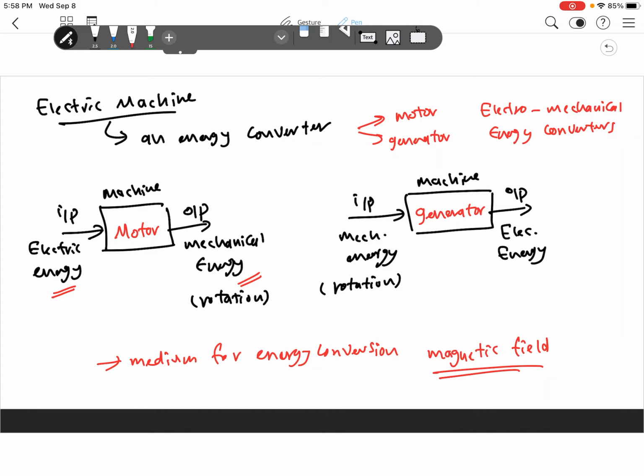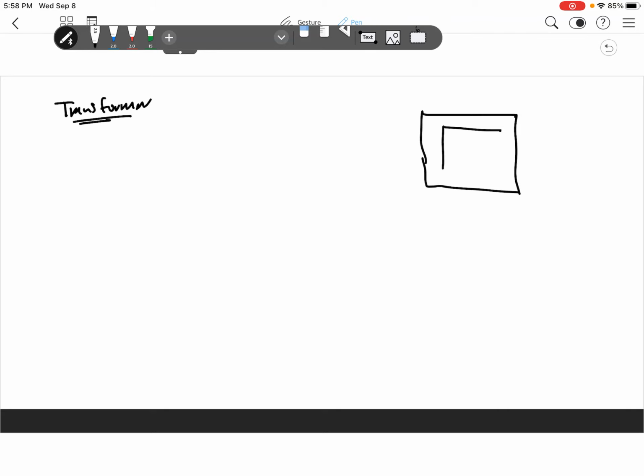Why are we specifying electromechanical? That means they convert between electricity and mechanical energy, or mechanical energy and electricity. Because actually your well-known transformer, which you should have had a good idea about in previous courses, the electric transformer that is used to step up the voltage or step it down, we also consider this as a machine.